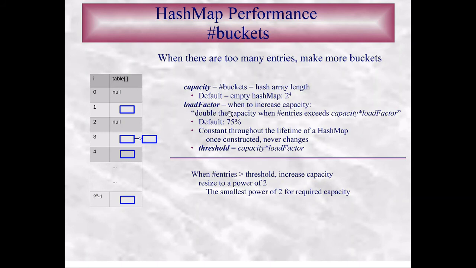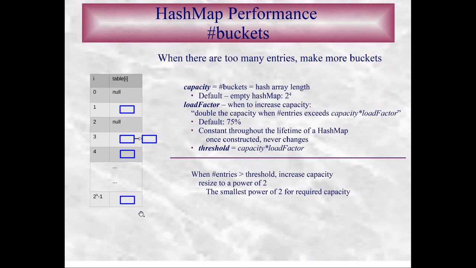Load factor represents the fullness of the hash map currently. How full is your hash map? It is a ratio: the number of entries currently sitting in the hash map over the total capacity.